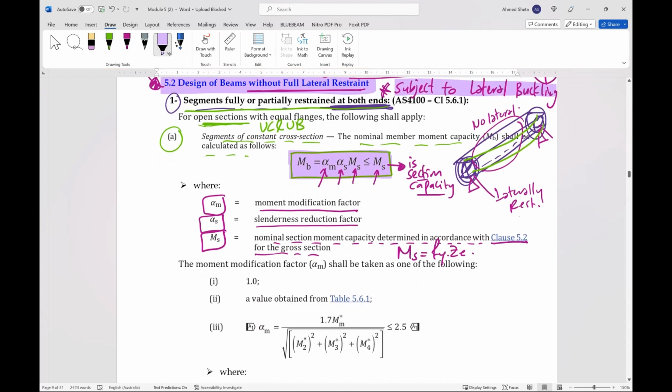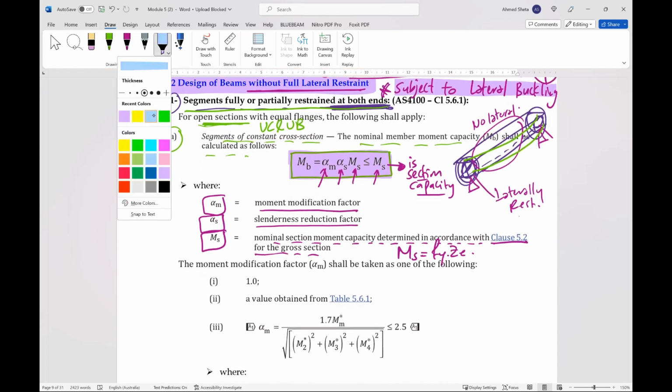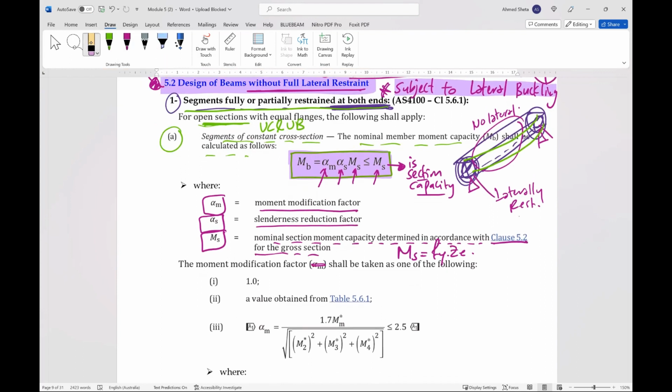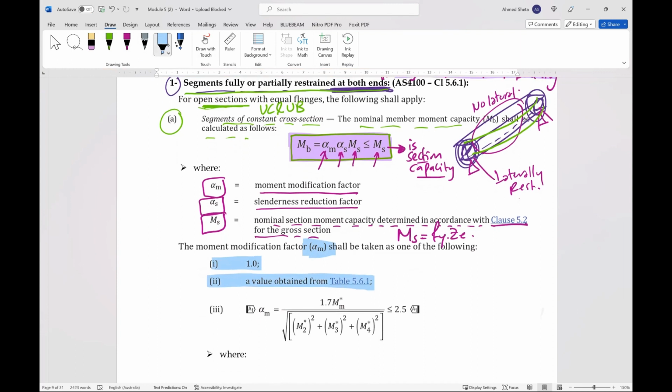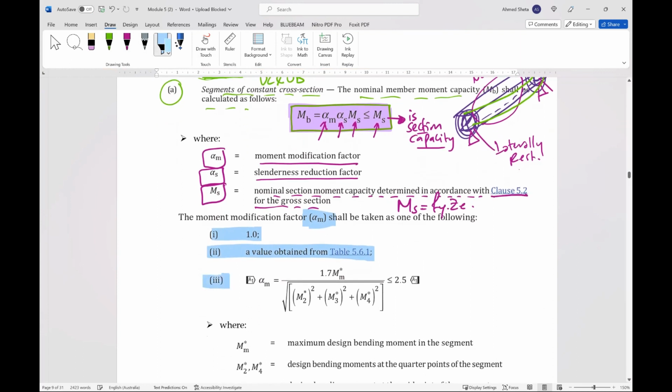So here, as you can see, alpha M can be taken as 1 or as a value obtained from table 5.6.1 or from this formula.